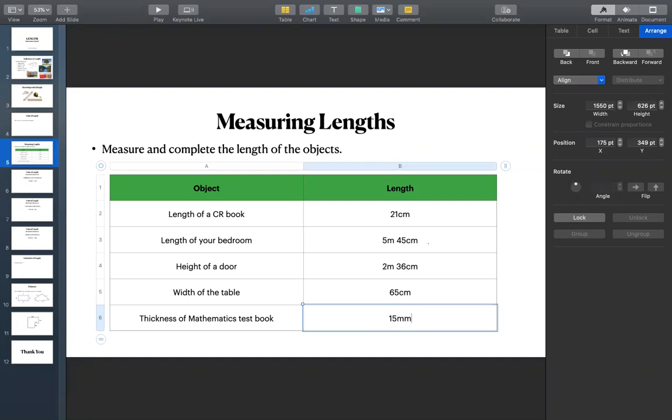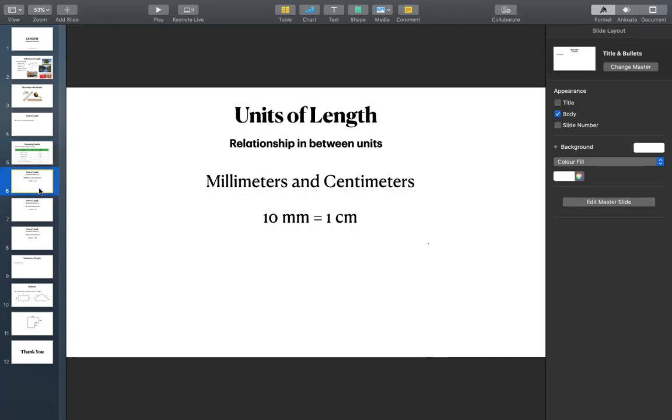Okay, now you have done an activity. That's a simple work, right? Now, we'll go to the next part of the lesson.